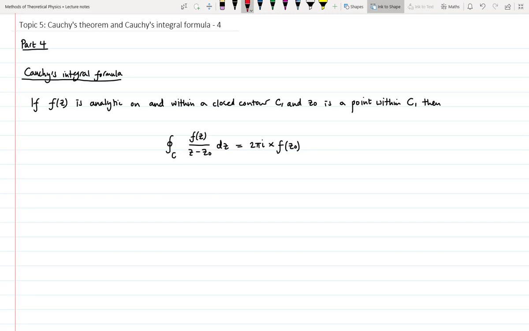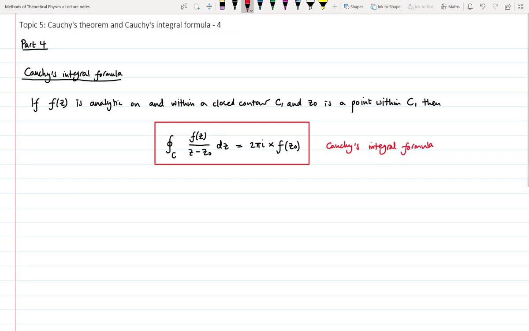I'll put a red box around this now because it's very important. This is Cauchy's integral formula, and next we're going to derive this. We're going to derive this using the deformation property that we saw in the previous video.